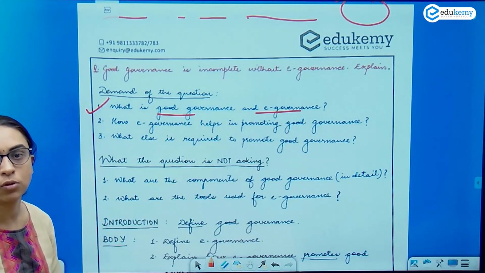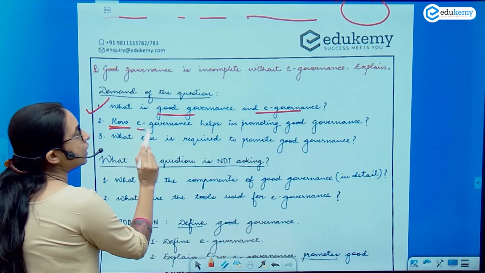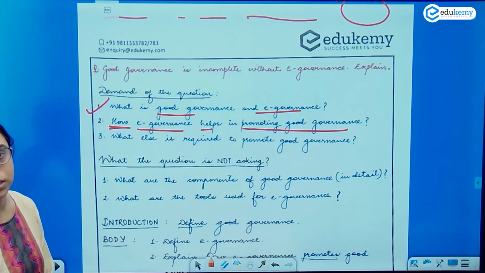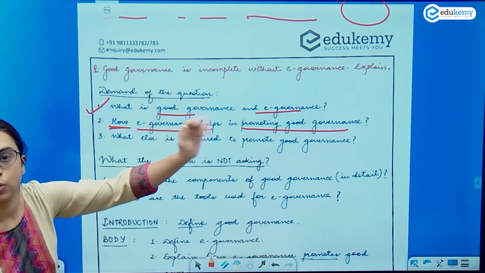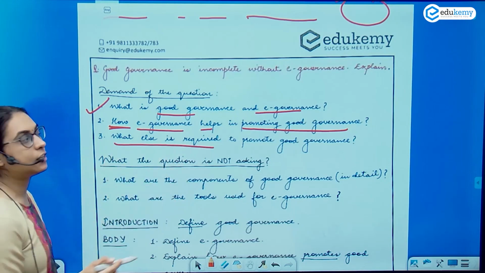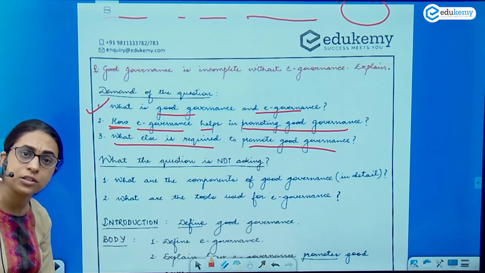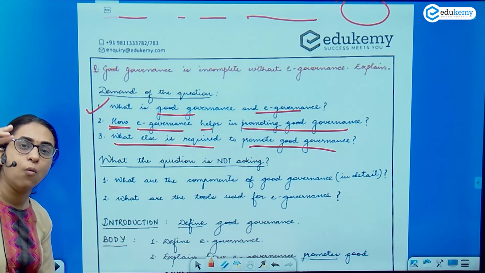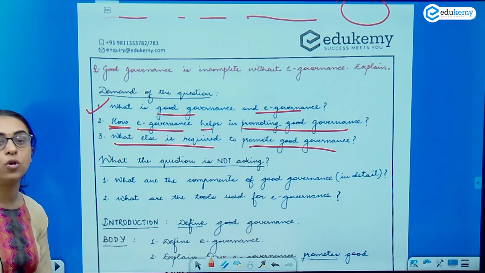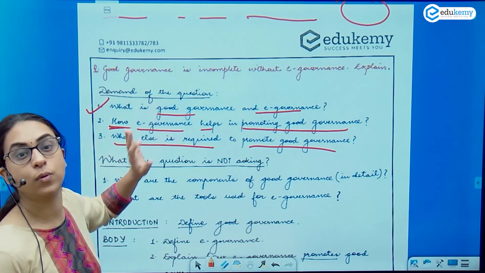Without knowing good governance and e-governance, you cannot answer this question. The major demand is how e-governance helps in promoting good governance. The third is, what else is needed to promote good governance? Only e-governance will not bring good governance. So you should know what good governance is, what e-governance is, how e-governance completes good governance, and what else we need to promote good governance. That is what the demand of the question is.